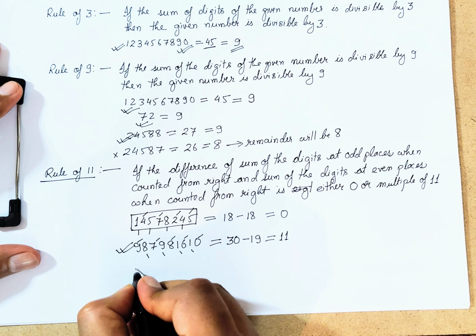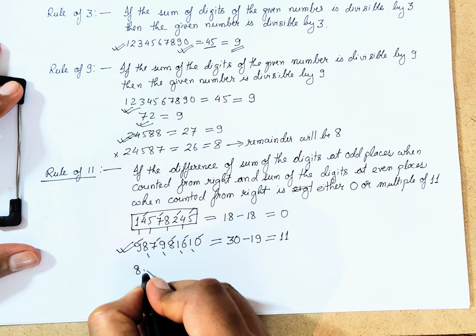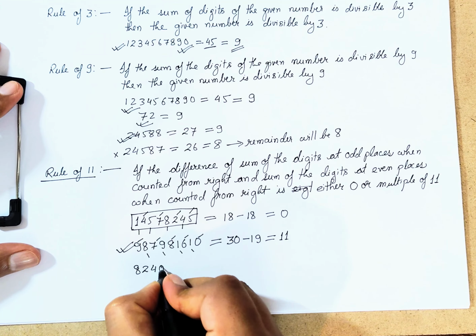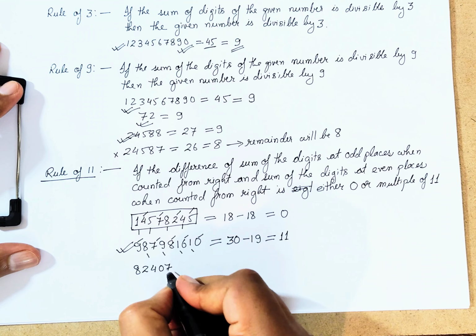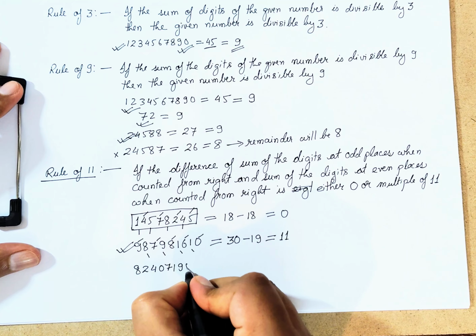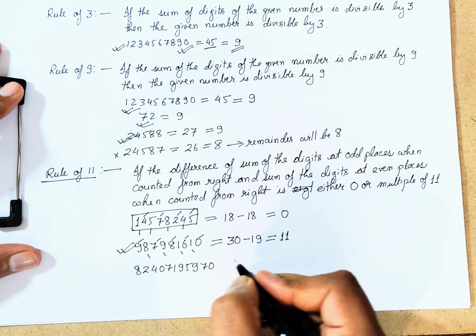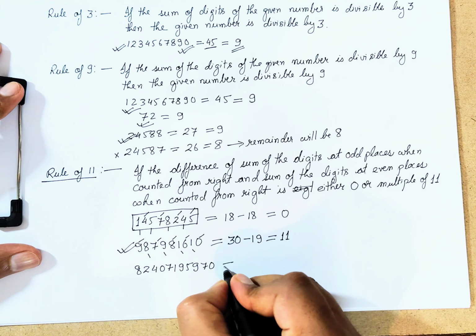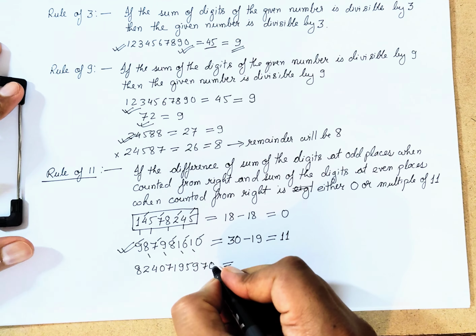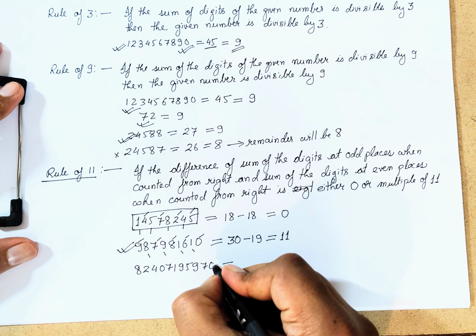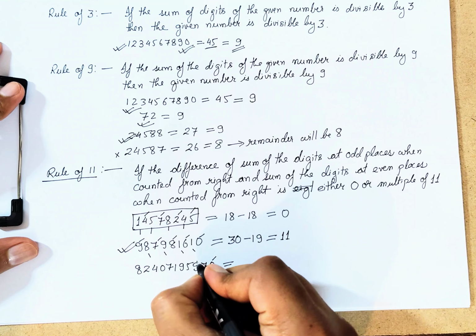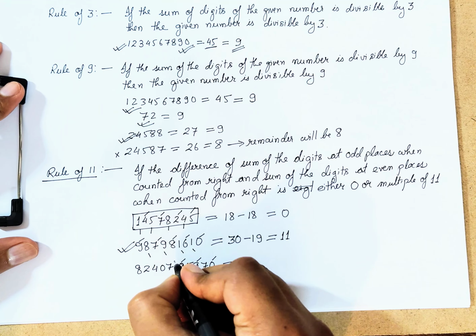Let's take another example. 8, 2, 4, 0, 7, 1, 9, 5, 9, 7, 0. Let's see if this number is divisible by 11 or not. So let's take the sum of the digits at all the odd places when we count from right.